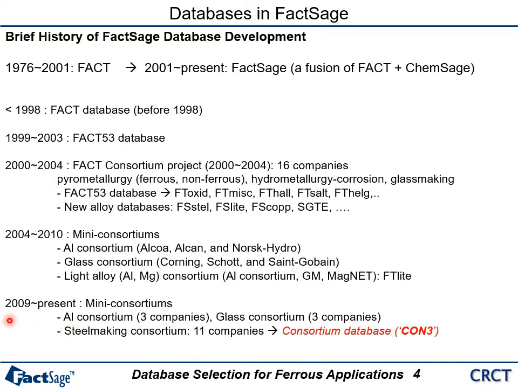And especially for steelmaking, from 2009 until now, we have the consortium of steelmaking companies. This consortium database is named CON1, CON2, and now CON3, and is available for the consortium members in steelmaking.